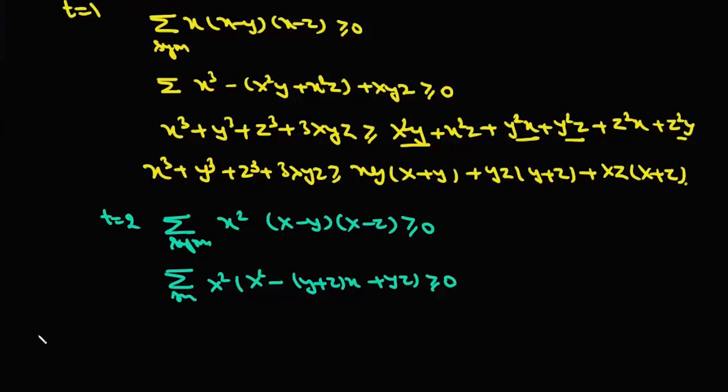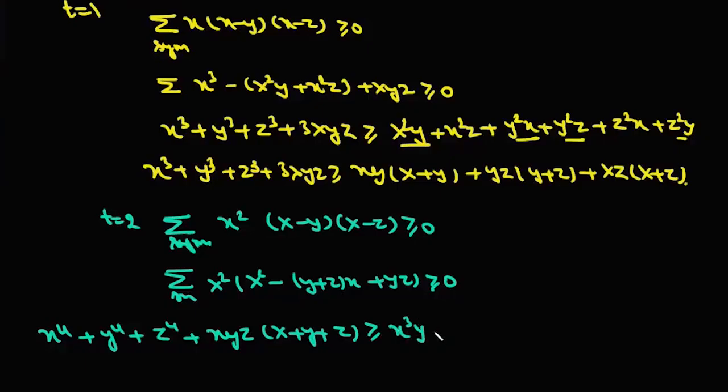And if we simplify this, we can write x to the power 4 plus y to the power 4 plus z to the power 4 plus xyz into x plus y plus z will be greater than or equal to x cube y plus x cube z plus y cube z plus y cube x plus z cube y plus z cube x.